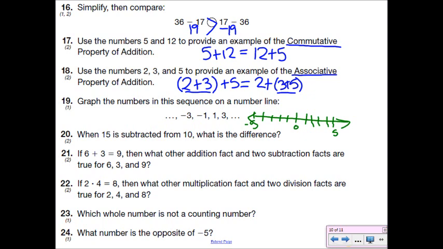Positive and negative. So negative 3 means go to the left 3 places. So that'll be right here. Negative 1 means go to the left 1 place. Right here. I'll do those in a different color so you can see them better. And then 1. And then 3.